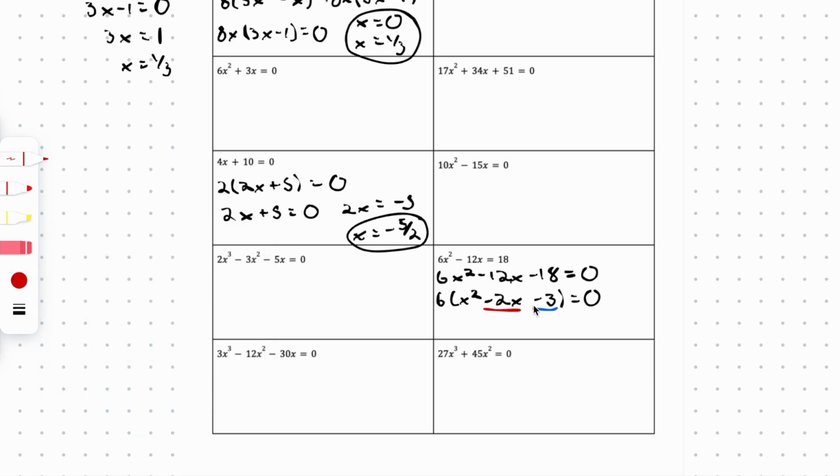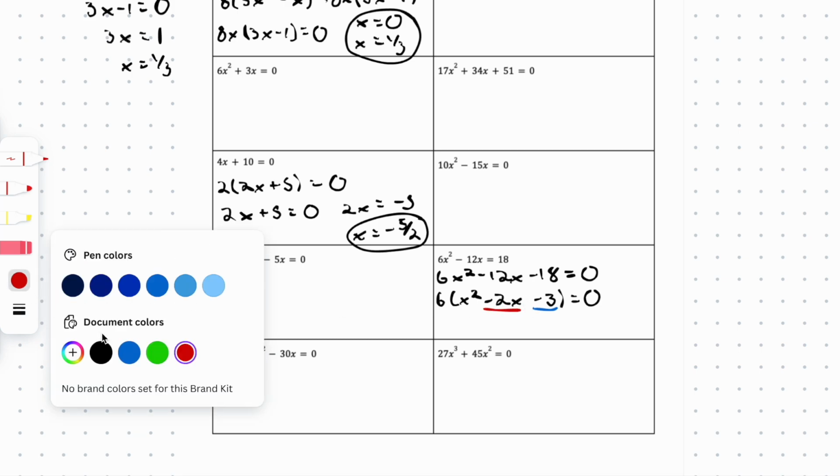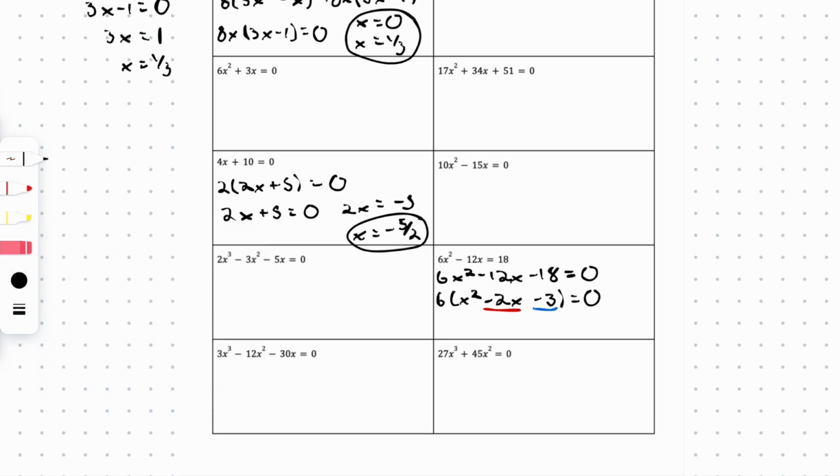So let's think of some factors of -3. Well, it's going to be 3 and 1, but one of those has to be negative, so it could be -3 and +1, or 3 and -1, but we have to add to -2.